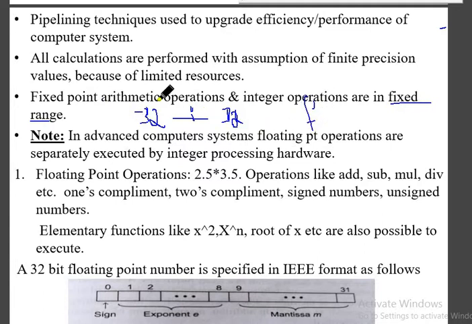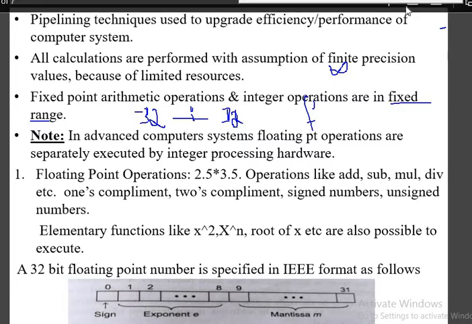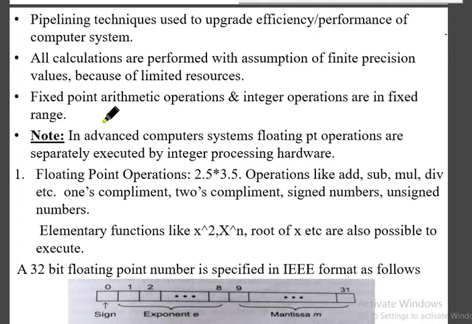Whenever we have a range, there is no space for assuming it as infinite. So definitely all values will be considered finite only. If values are finite, their calculation mode will also be finite, hence it is called fixed range.